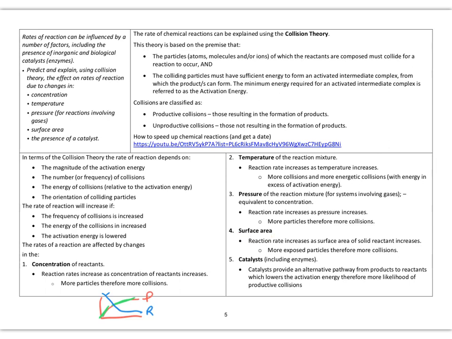Surface area is the next one. Reaction rate increases as surface area of a solid reactant increases. You might have done this experiment looking at tablets or marble chips that have been crushed up and reacting them with water or acid. The reason it'll be much faster is that when you crush a tablet up, you increase the area that can react.